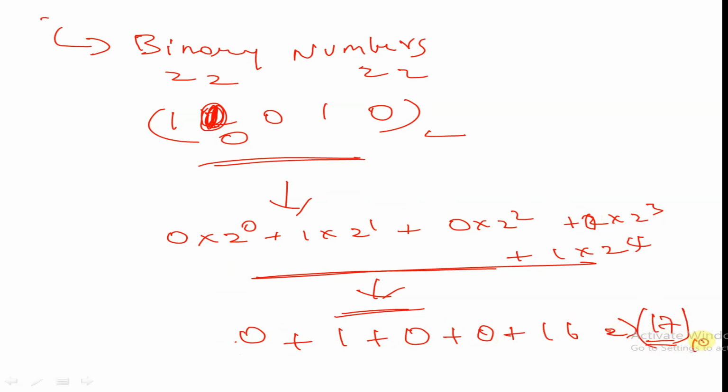This is a decimal number, 17 to the base 10. Sorry, the second digit should be 2 as written, so it will be equal to 18, 18 to the base 10. Is it clear?